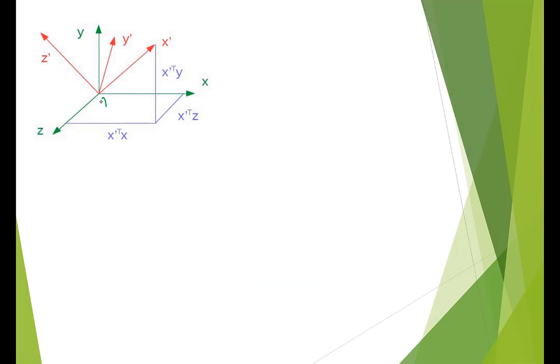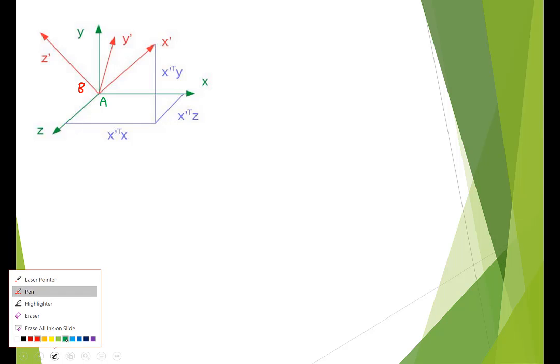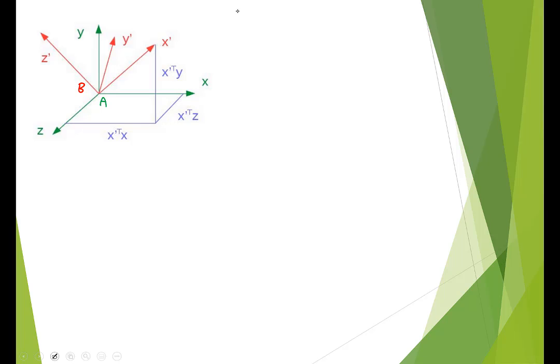We have our initial frame A and we have a rotated frame B, and we want to write the coordinates of the rotated frame with respect to the initial frame. One thing on the side, we need to define the projection of each of these vectors showing the axes of the rotated frame with respect to the initial frame.